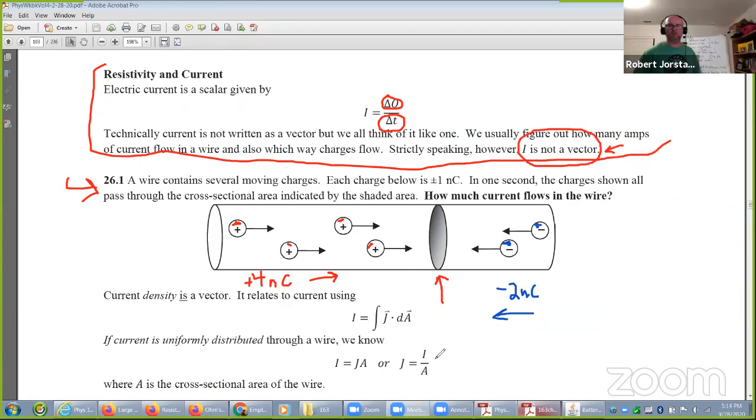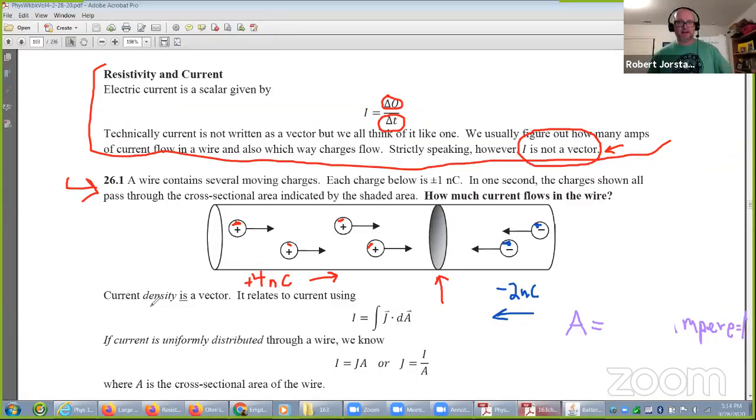So a coulomb per second is called an amp, or an ampere, which is just called an amp. So an amp is a coulomb per second. All right, good stuff. So that might be useful later on if we're looking at units.